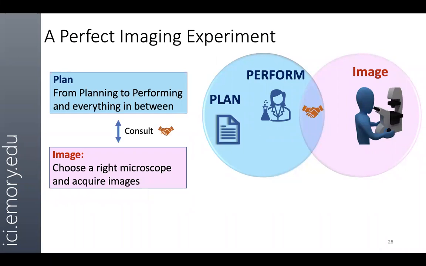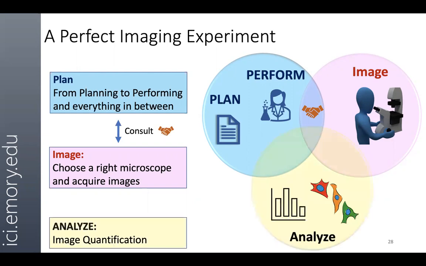So you can come to us, consult, we will help you with things. And imaging really means you are choosing the right microscopes with the final goal, which is data analysis in mind, to acquire your images.